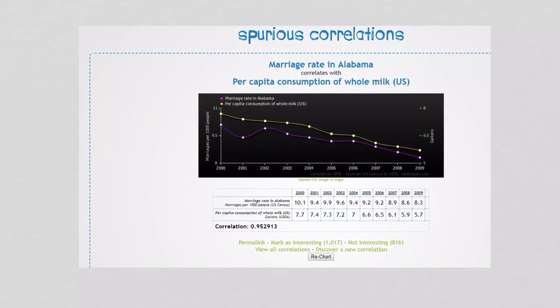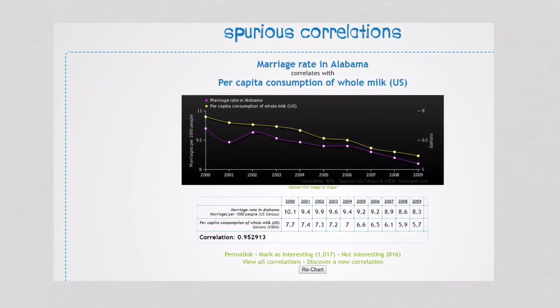Here's another one in a slightly different format. And there is a website actually dedicated where you can find what is called spurious correlations. Well, actually, the correlations are not spurious.